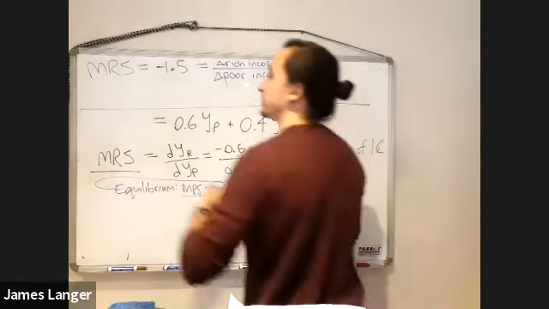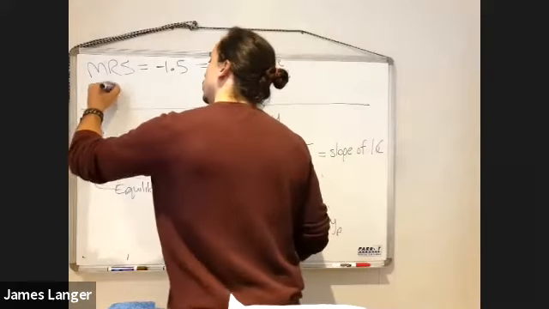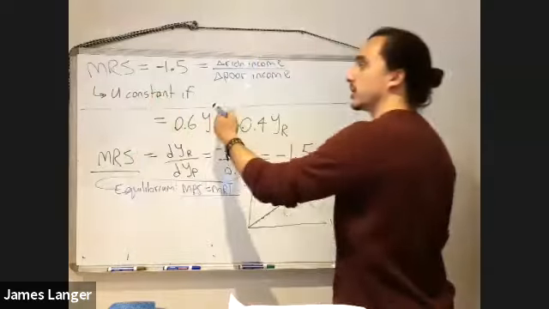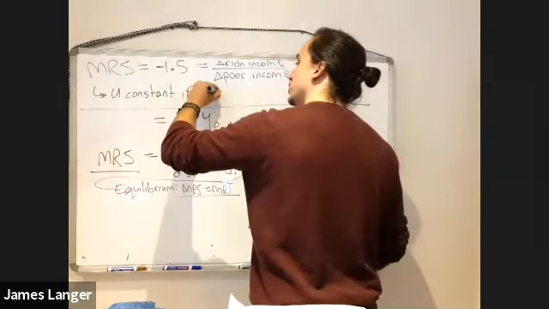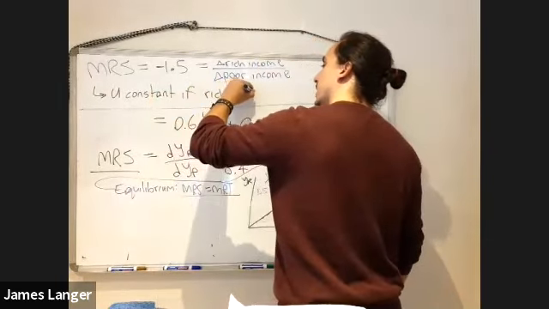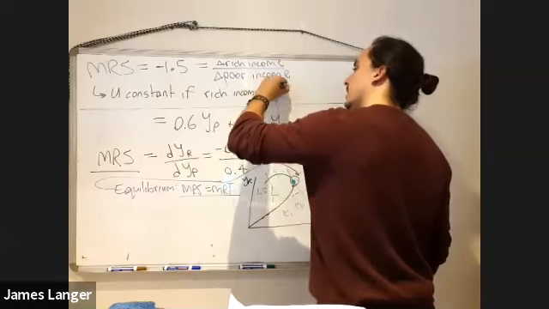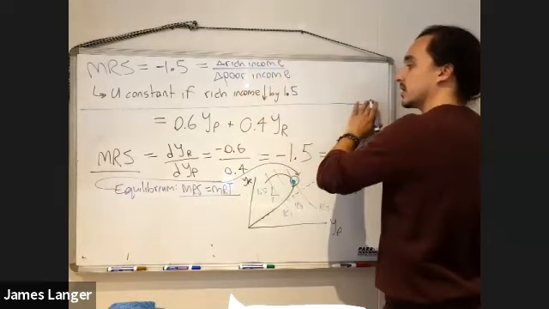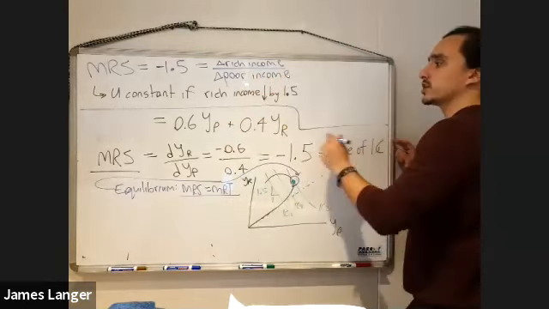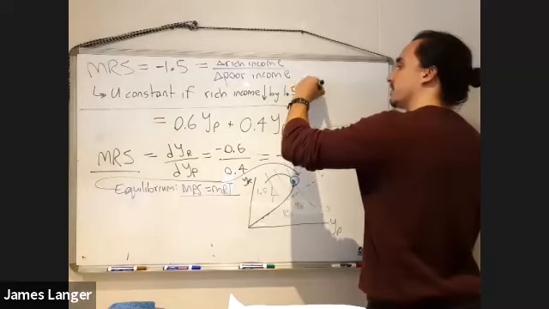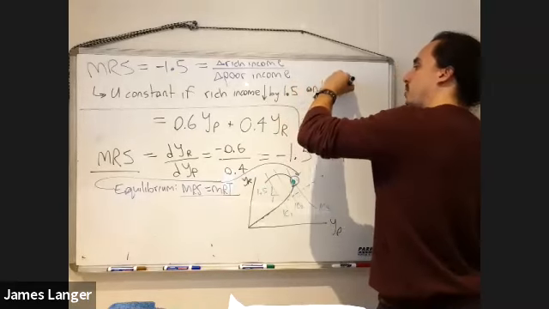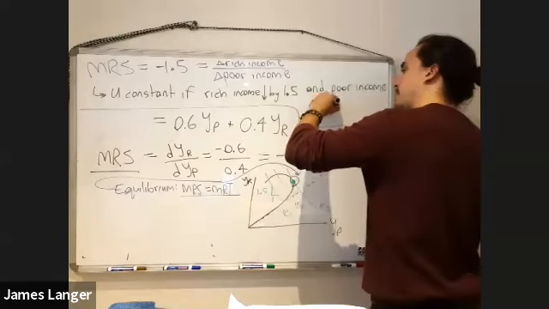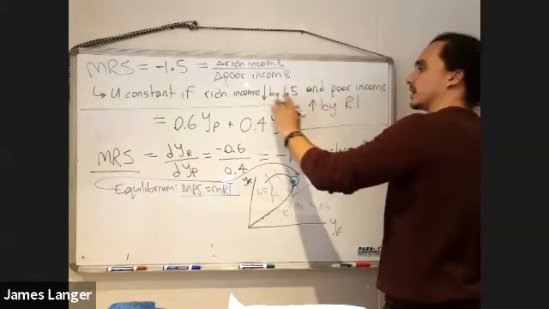I would say my utility is going to be constant if rich income decreases by 1.5 and poor income increases by 1.